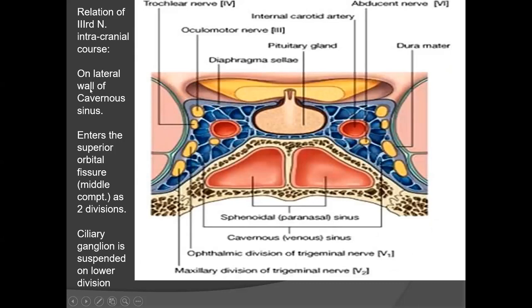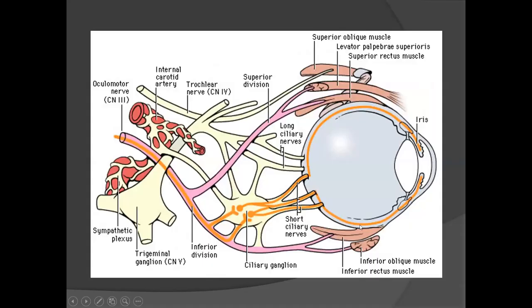Passing on the lateral wall of the cavernous sinus, as you can see here, sometimes it will divide within the cavernous sinus itself into upper and lower divisions, or as it is coming out of the cavernous sinus. Then the divisions will enter the superior orbital fissure, and normally the lower division will have the ciliary ganglion. As you can see in this diagram, the lower division has the ciliary ganglion.